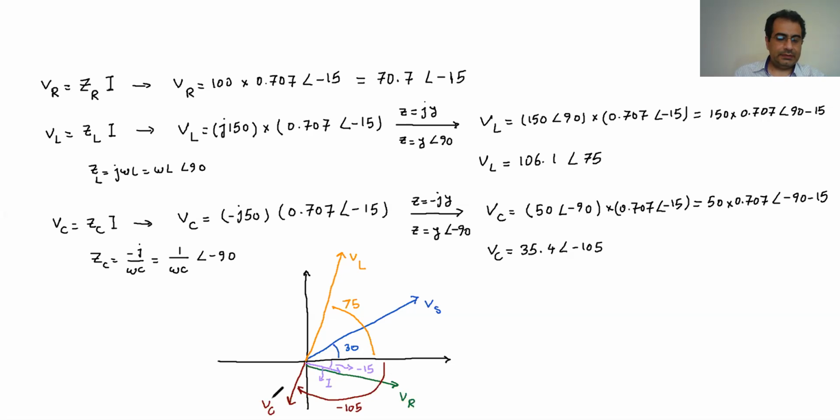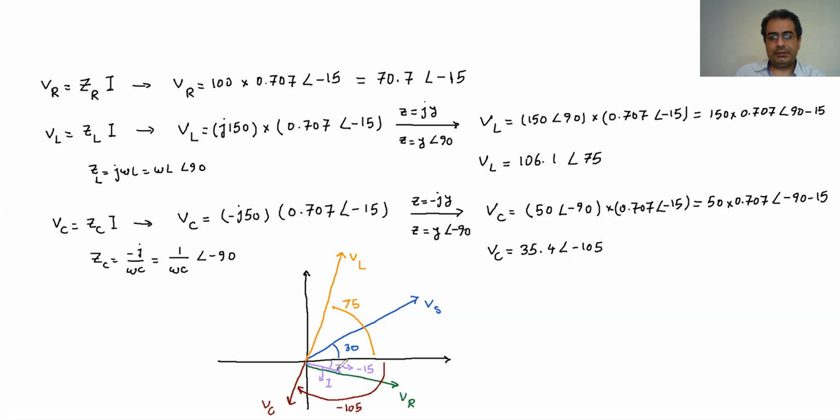If you look at it, the VC happens before the I, so we say that the VC lags the I. This is 90 degrees, so the VC lags the I by 90 degrees, and the VL leads the current.